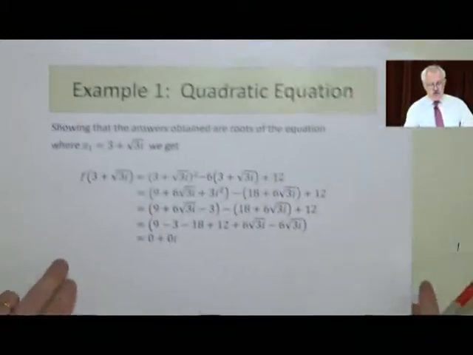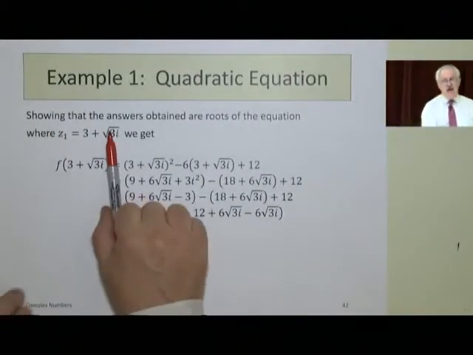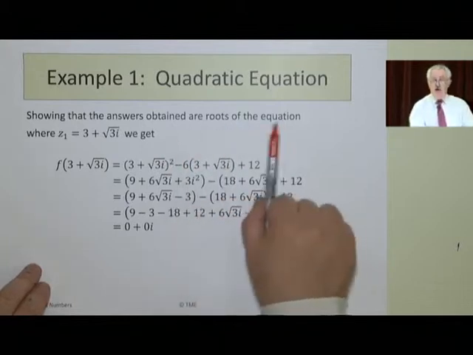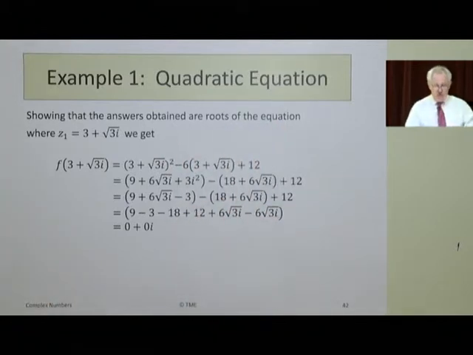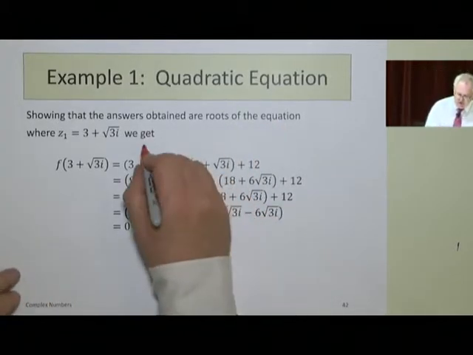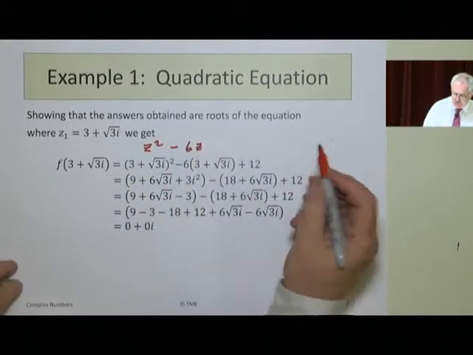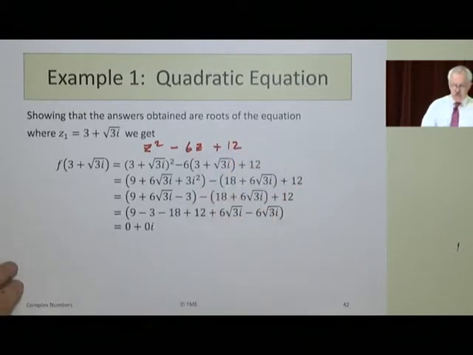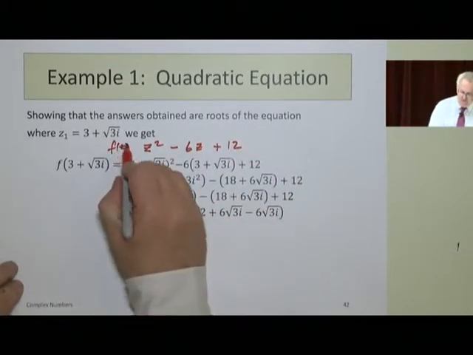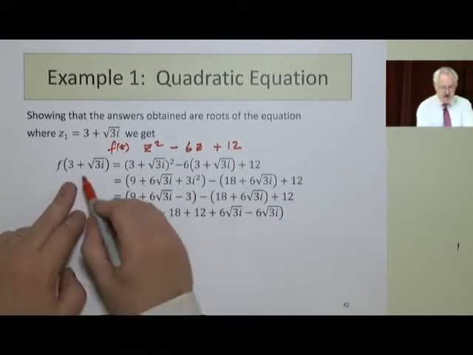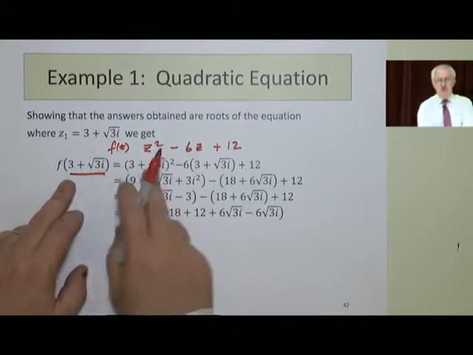Another way of doing that is to prove it and show that the roots you got are actually factors. Well, what was the equation? The equation was z squared minus 6z plus 12. That's f of z. If this is a factor, we can just plug in the numbers.